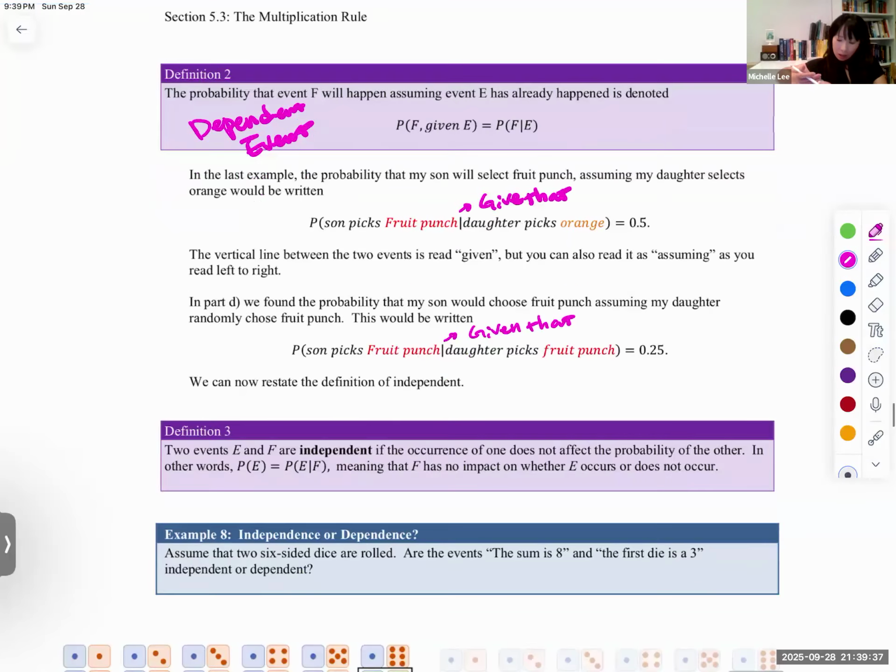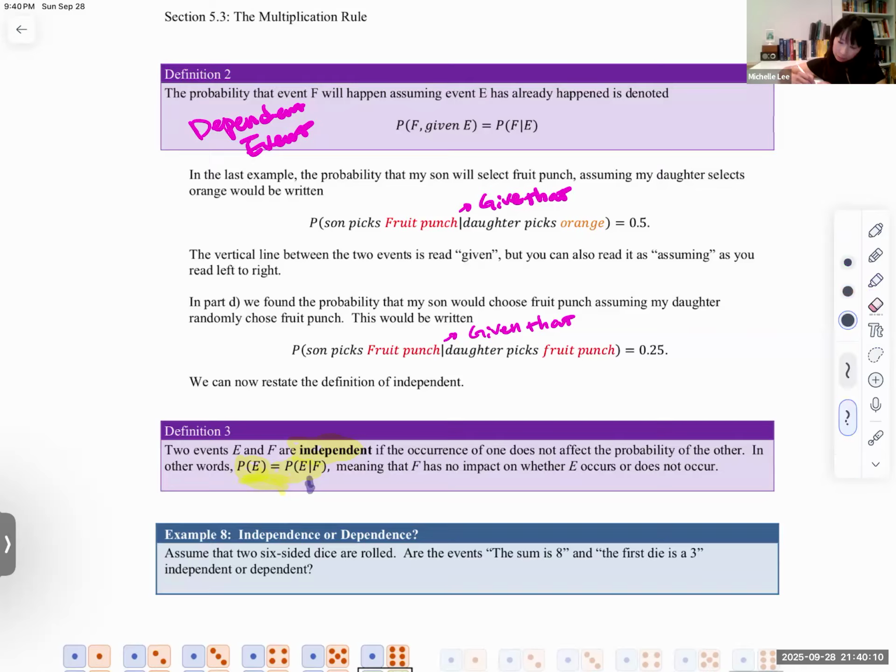All right, now two events are independent. Then we have the formula: the probability of event E given condition F equals the probability of event E. The line means given that.